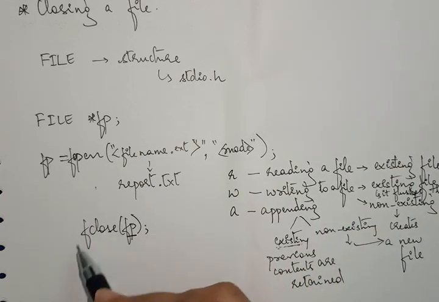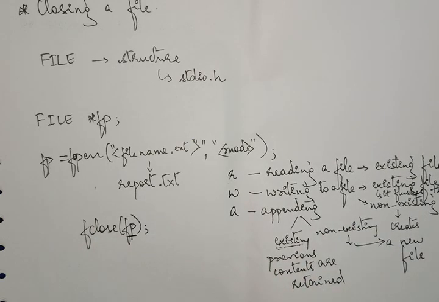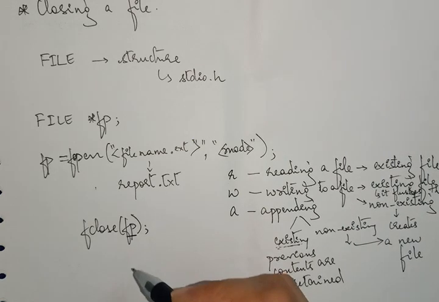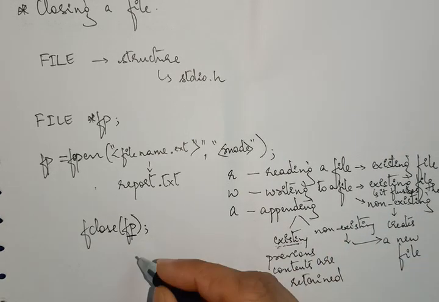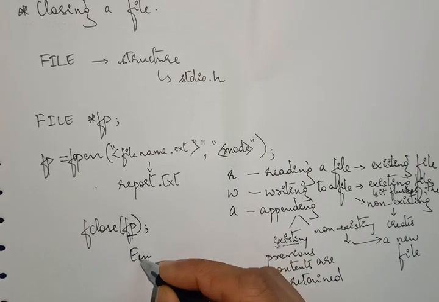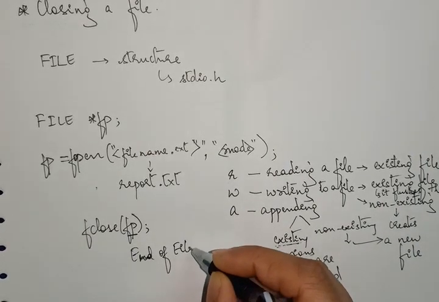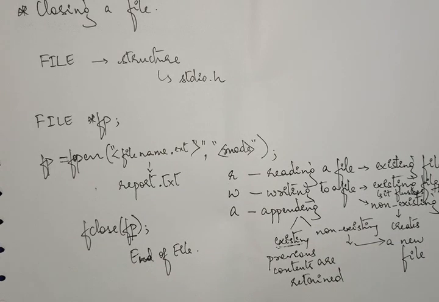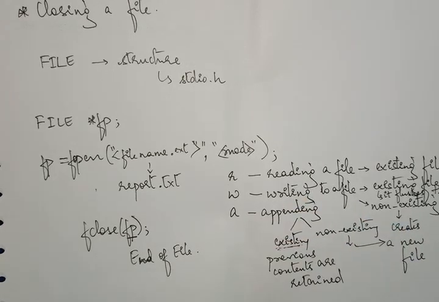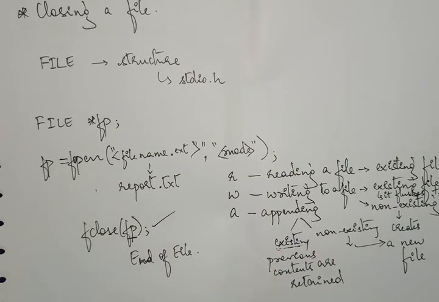When the fclose function is executed, the end of file is marked at the end of that file. That is, after the last character, an end of file marker is placed in that particular file when fclose is executed.